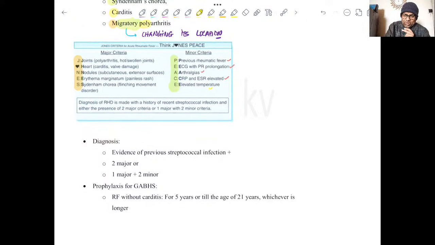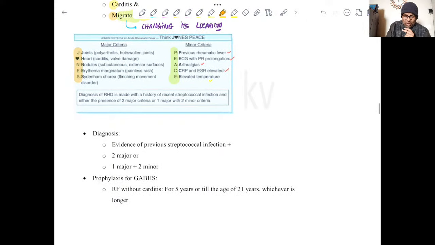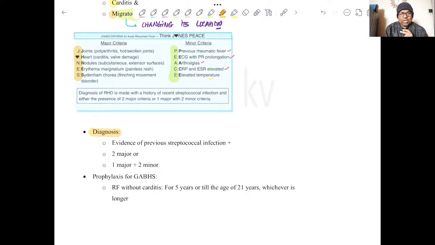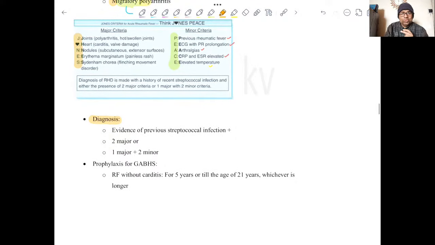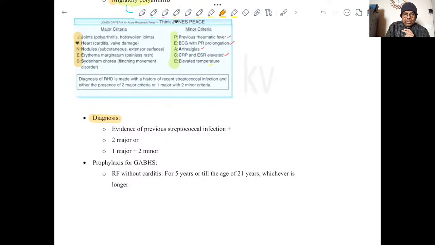Now what is more important from medicine point of view, like how you can make your diagnosis. Okay, you know the criteria, that's good, but presence of criteria isn't sufficient to make a diagnosis. You should know how much to choose from major, how much to choose from minor. So apart from these criteria, there has to be a previous streptococcal infection evidence. So that is a must. Once it is there, then only you will count the criteria.